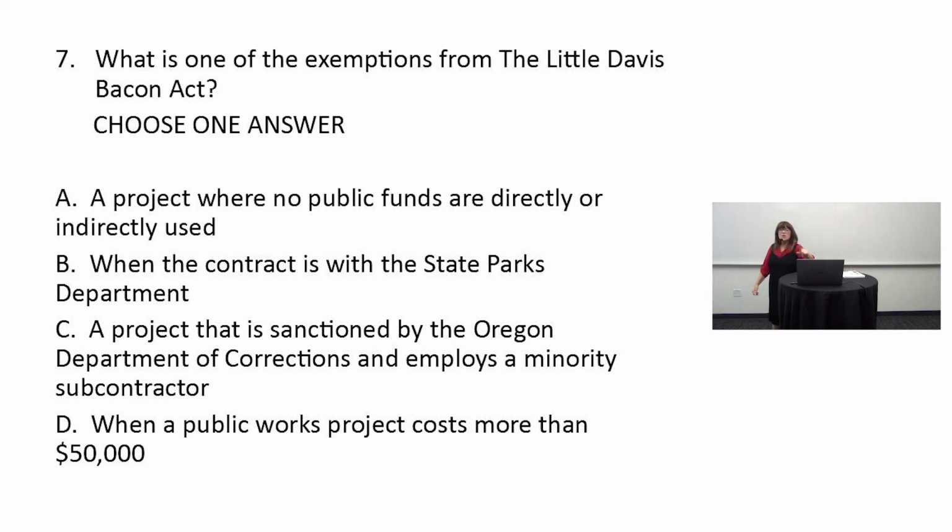Okay, got an answer? What is one of the exemptions from the Little Davis-Bacon Act? Answer we're looking for is A, a project where no public funds are directly or indirectly used. A private project is not governed by the Little Davis-Bacon Act.